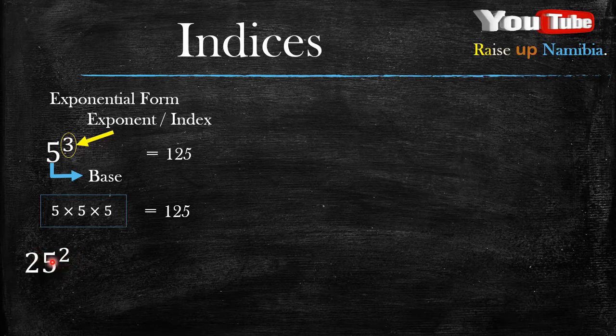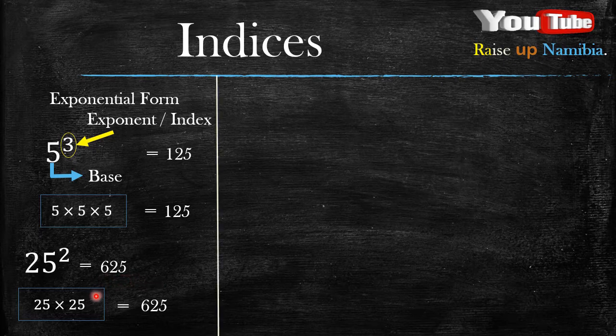This together means 25 is multiplied by itself 2 times, like this. Just to prove again, 25 times 25 gives us 625. And if you type this into your calculator, 25 squared or 25 raised to the second power, it also gives you 625.